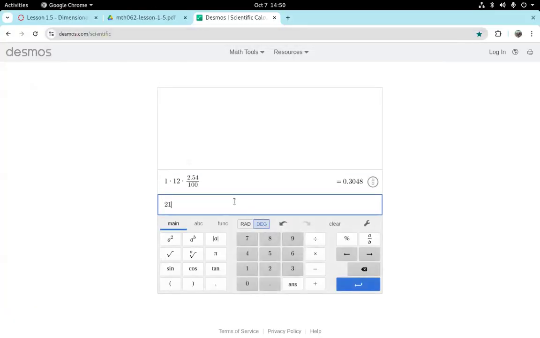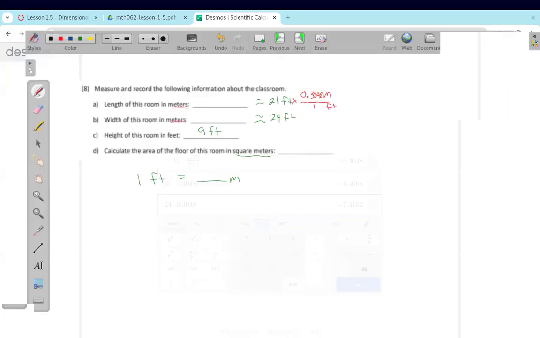So 21 times 0.3048, 6.4, I'm going to forget about the 0.08, and I also need to do the 24. I was thinking it was 6, it's 6.4. It's not a great estimate, but not too bad. 7.3, so 6.4, 7.3 approximately.